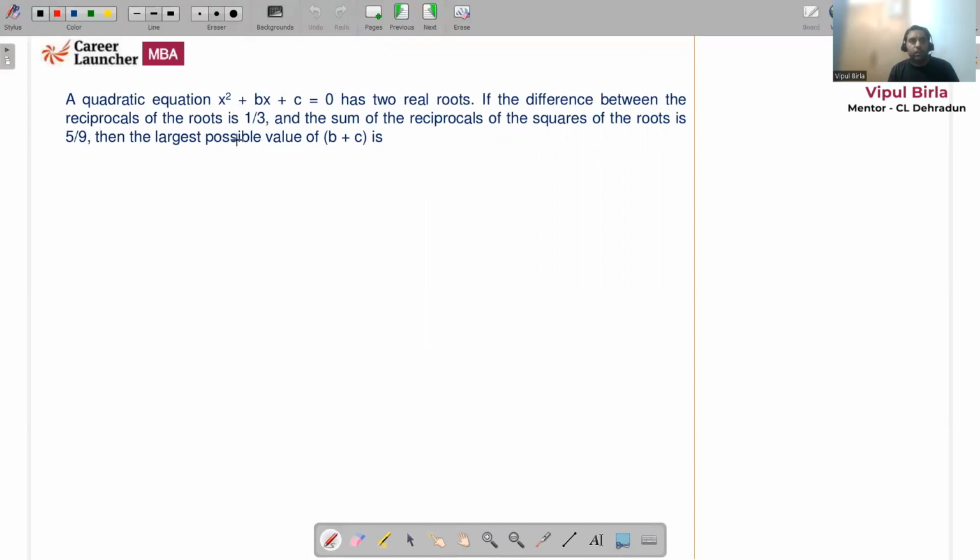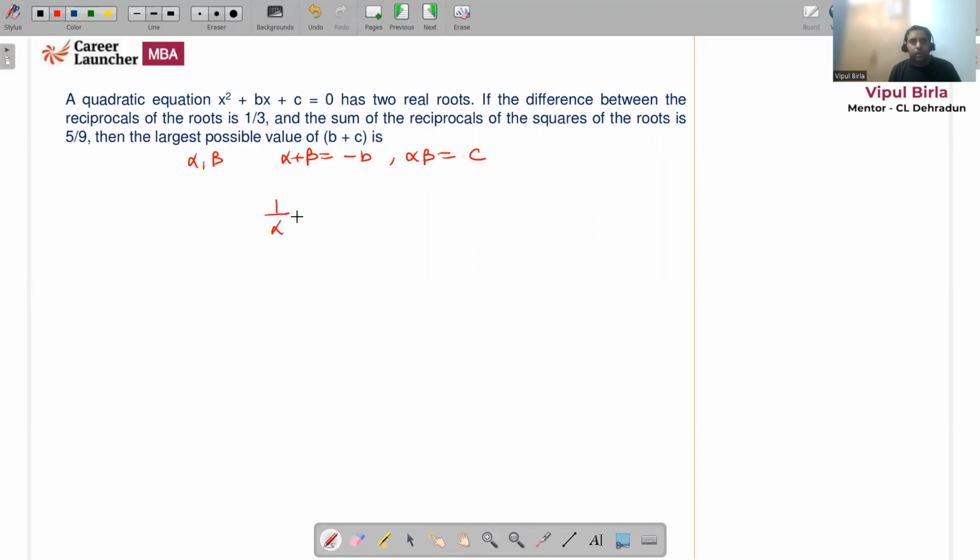Now for the given equation, let's say roots are alpha and beta. So alpha plus beta is nothing but the sum of the roots, minus b upon a, which is minus b, while alpha into beta is equal to c by the coefficient of x square, which is 1. So this is given, and now what they've given is the difference between the reciprocals of the roots is 1 by 3.